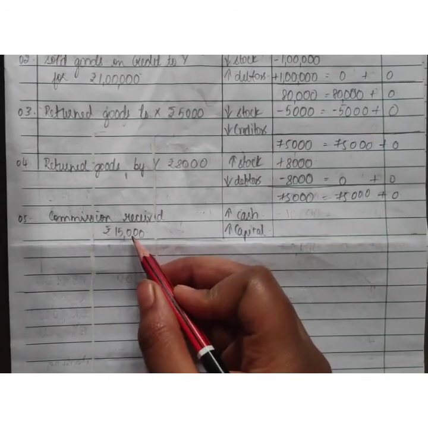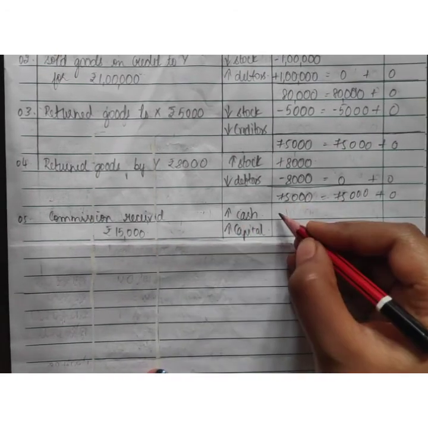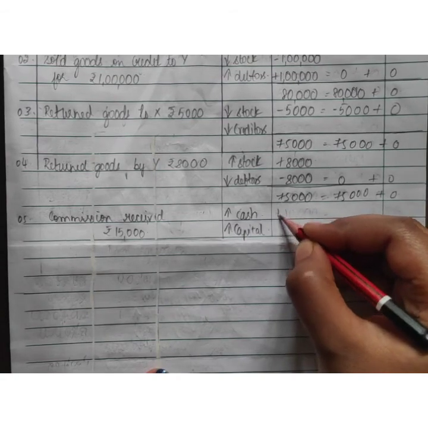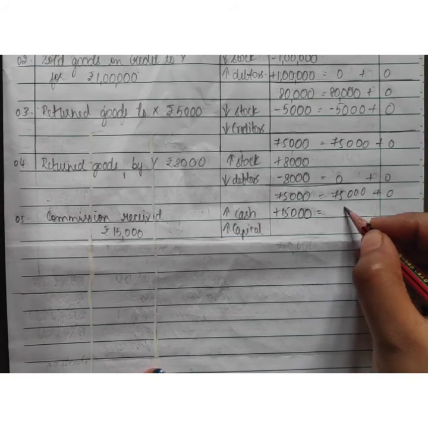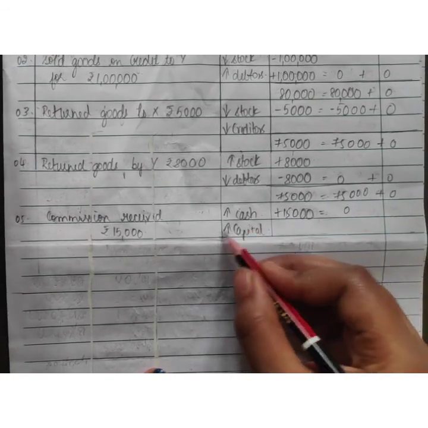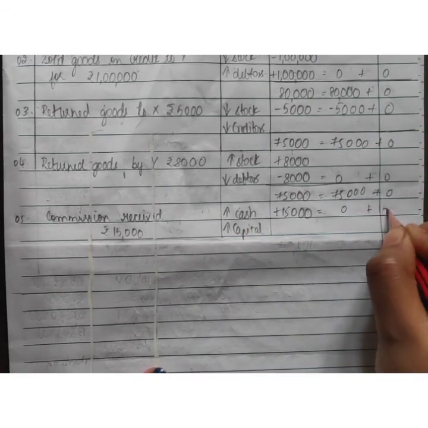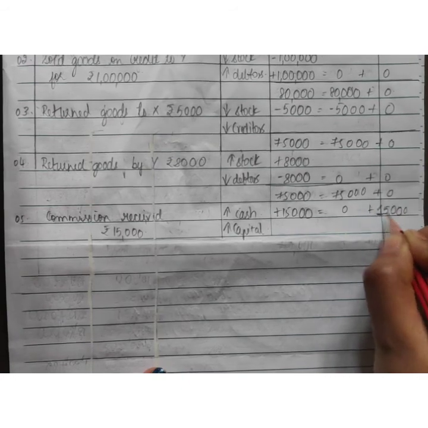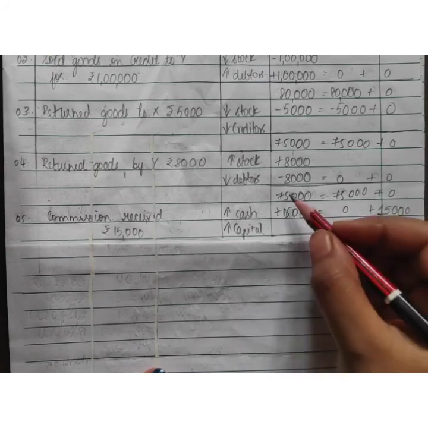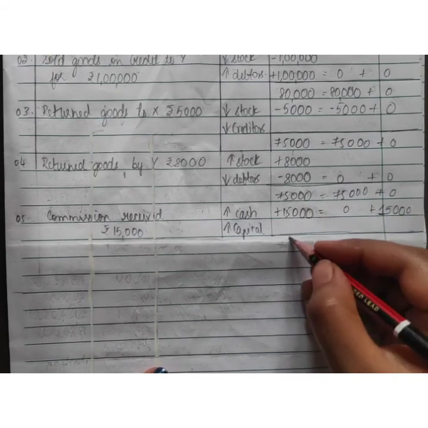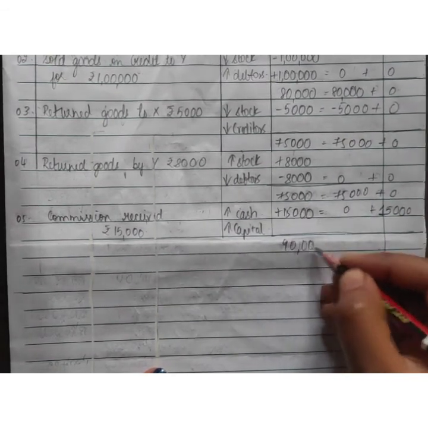So how much cash is coming in? Cash comes under our assets. So I will write it as plus 15,000 is equal to, there is no liability and there is an increase in capital, which I will write as plus 15,000. Clear? Now 75,000 plus 15,000 is 90,000.